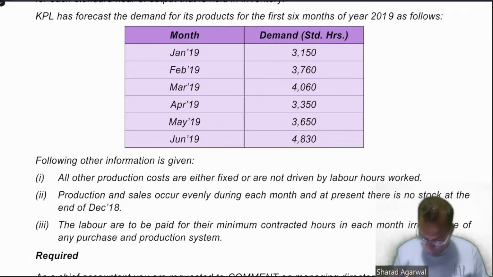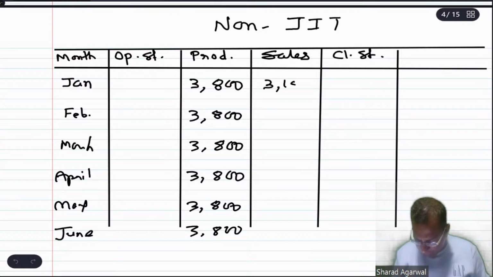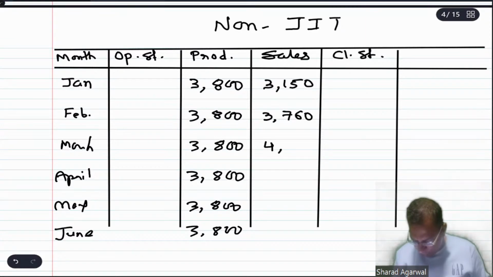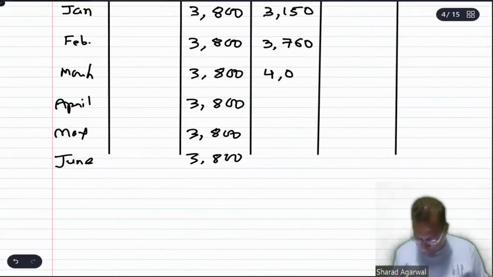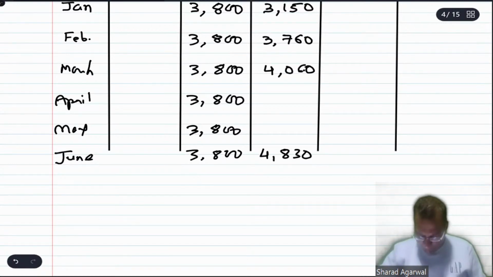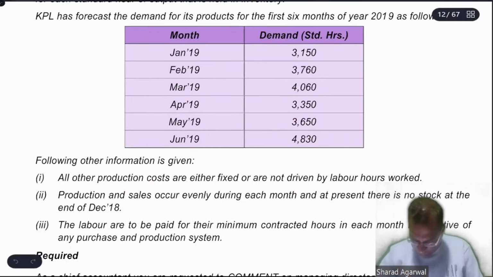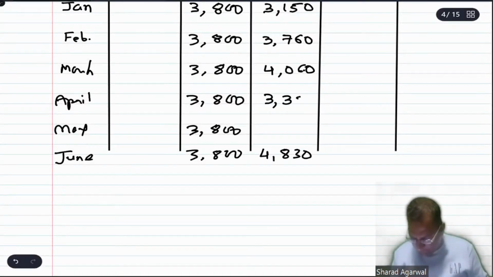The sale is 3150, 3150, 3760, 4060, it is 4830, and for April and May it's 3350 and 3650. Okay.